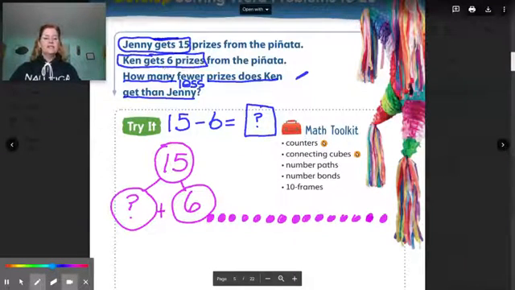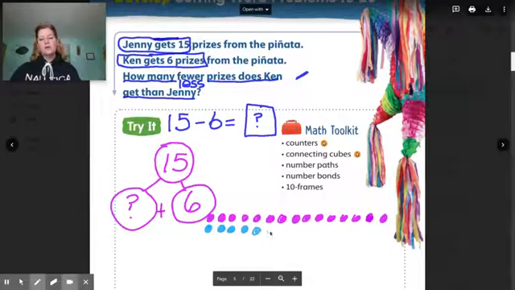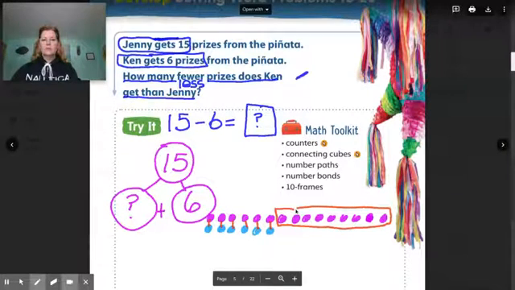And Ken has 6 prizes. So I'm going to line his up. 1, 2, 3, 4, 5, and 6. Then we have to match up our partners. I'll choose red. We're going to match up our partners because this is the amount that they got that was the same. They each got at least 6. But look at how many more Jenny got.